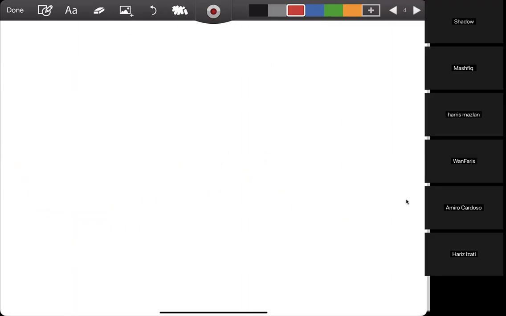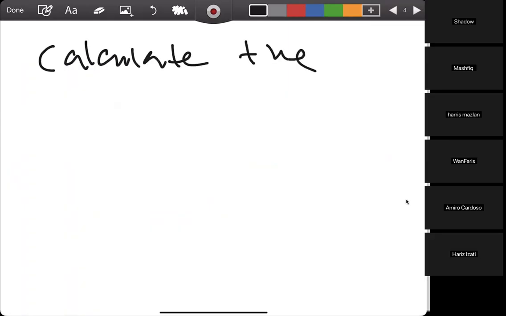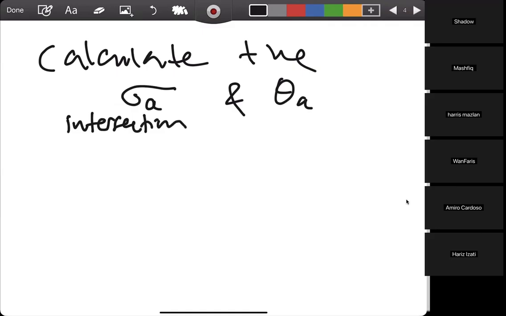So we have to calculate sigma A and theta A. Sigma A is the intersection at real axis. This one is the angle of asymptote.